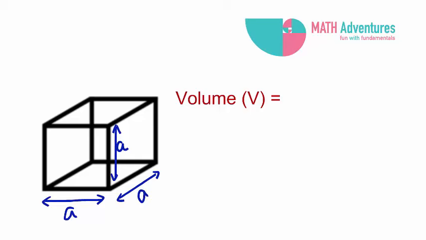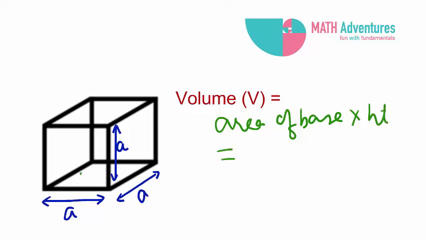Also, the volume of any prism is given by area of base into height, which is nothing but, the base area is a square, the height is also A, so it is a cube.